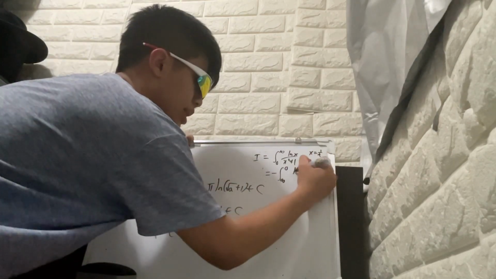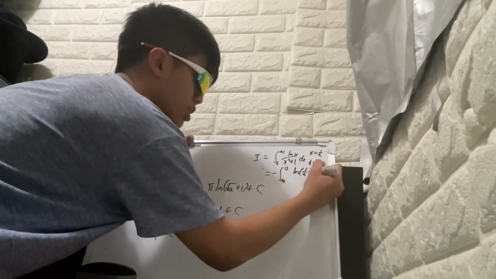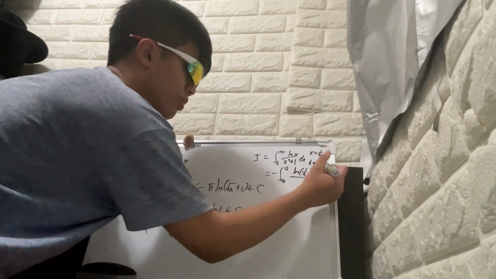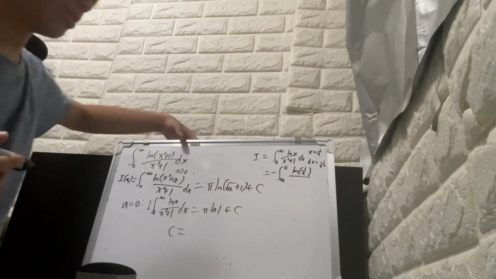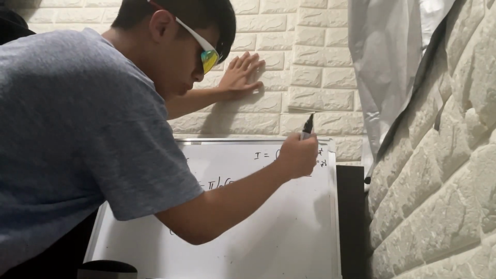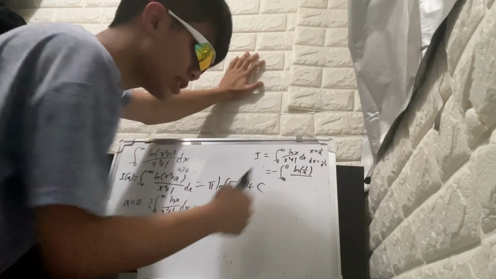Then you get ln of 1 over t over x squared plus 1, but because x is equal to 1 over t, t is equal to 1 over x.